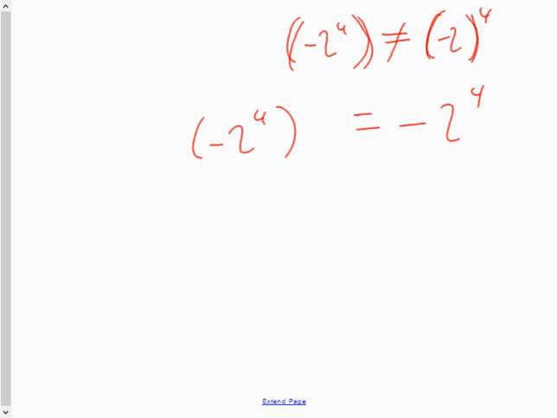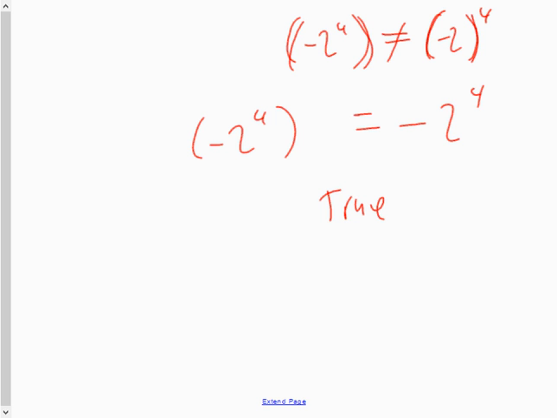Here the brackets are around the -2, which means your base is -2. So this is really the same thing as this, because the only difference between them is the brackets, right? So therefore this question here, they're the same thing, so therefore it's true.